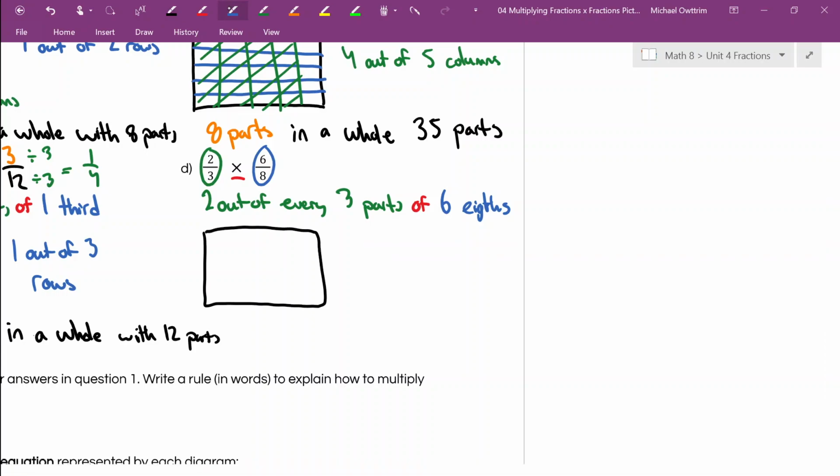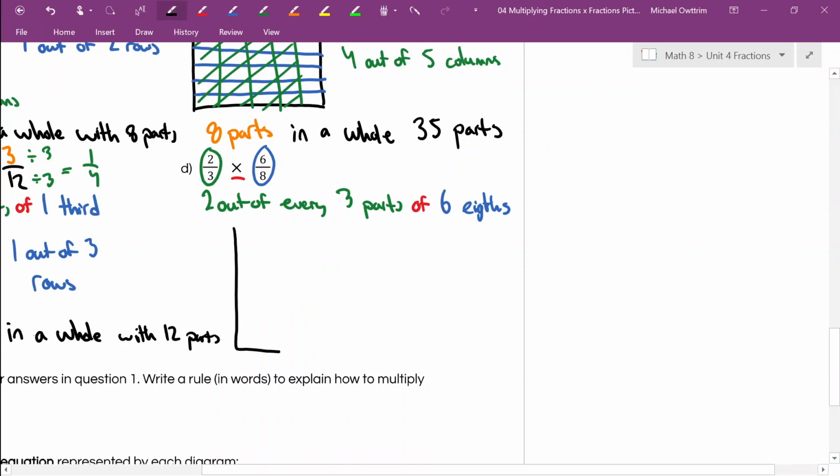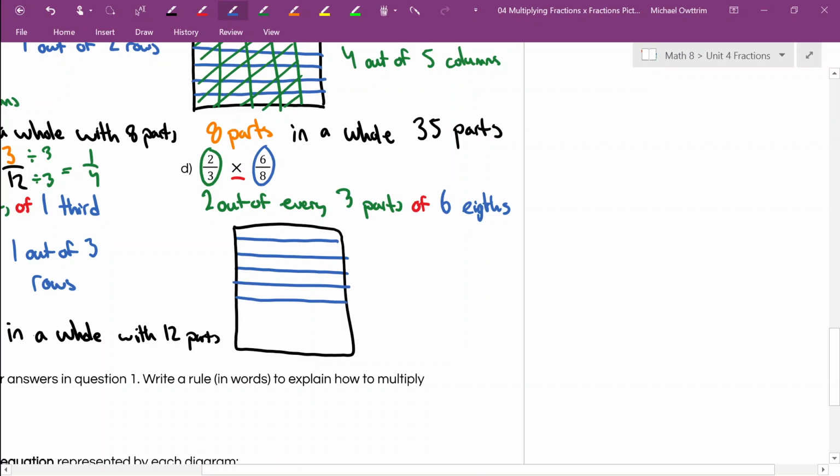We need to do 8 rows. So maybe I should draw that rectangle a bit taller. And we need 6 of those, so everything except the last 2.